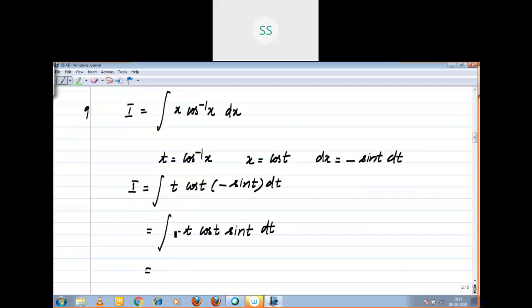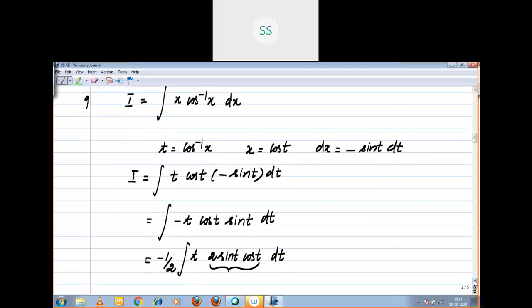So what I'm going to do is multiply and divide by 2. Then it becomes 2 sin t cos t into dt. Now which trigonometry identity am I going to use here?